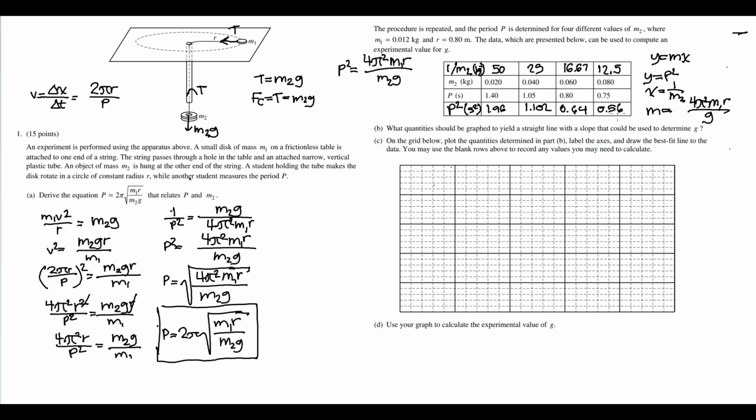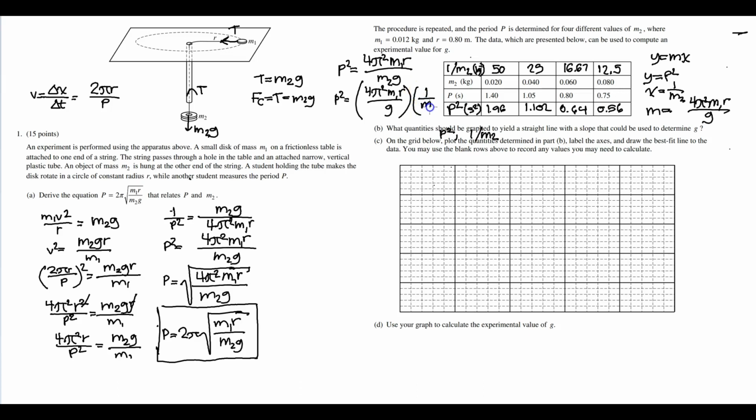All right. So what quantity? P squared and 1 over m2. If you don't understand what happened, see if we write this as p squared equals 4 pi squared m1r over g times 1 over m2.